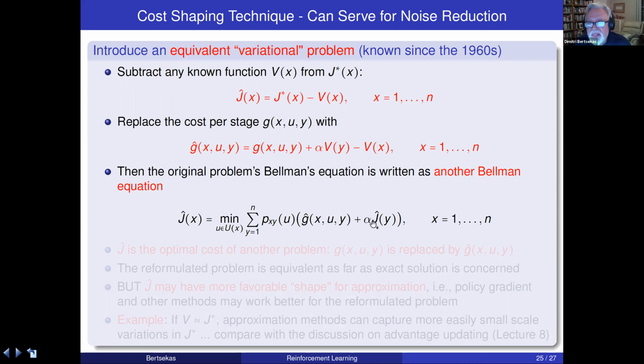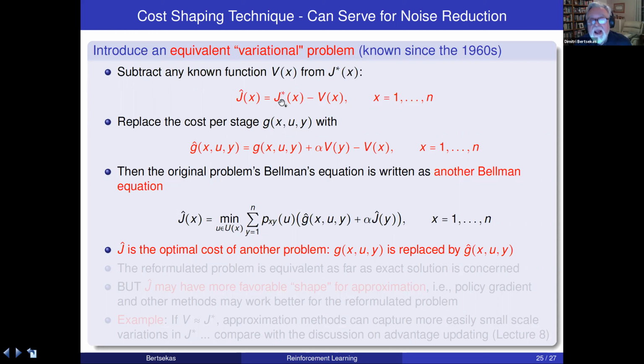But now if you look at this, it's another Bellman equation where J hat is the cost and G hat is the cost per stage. So if you introduce another problem where the cost per stage is G hat in place of G, then J hat is the optimal cost of that problem. That's what this bullet says.